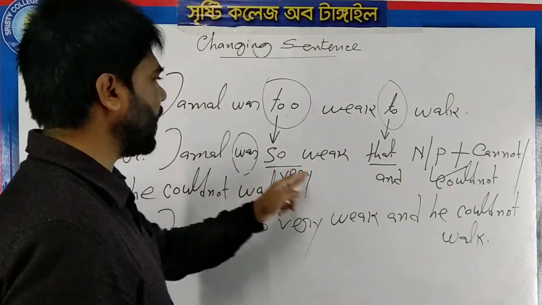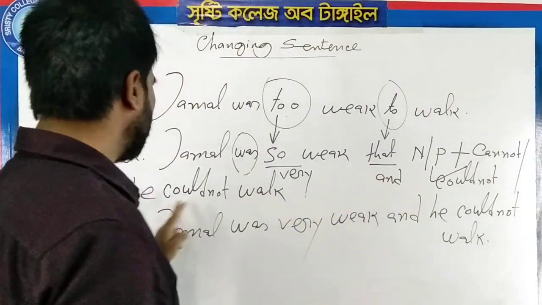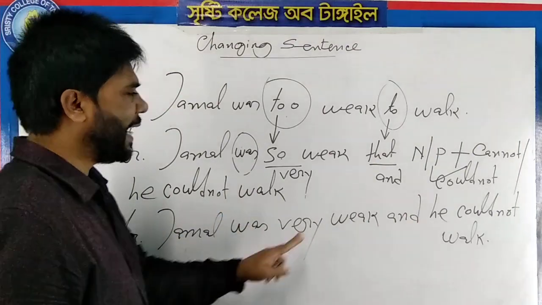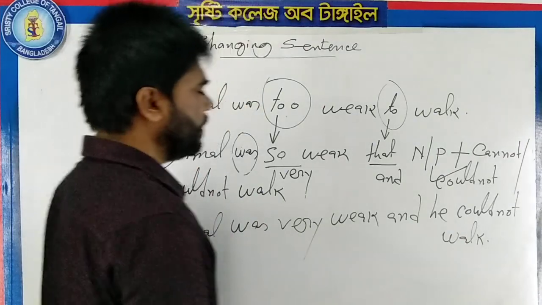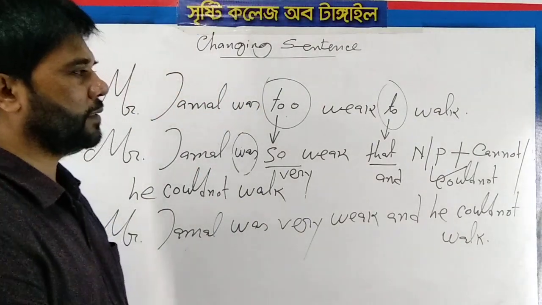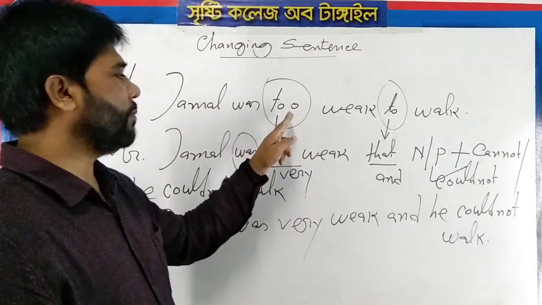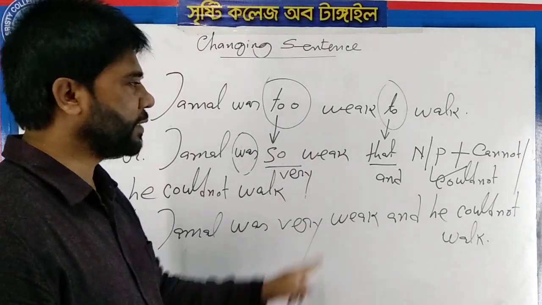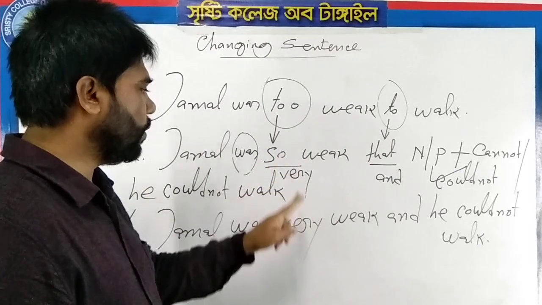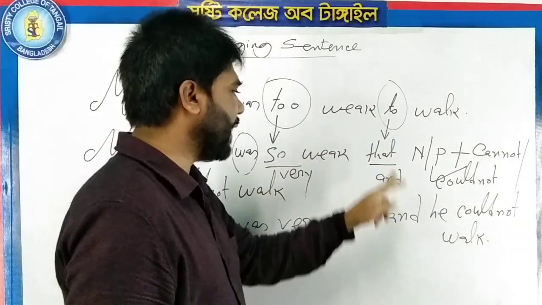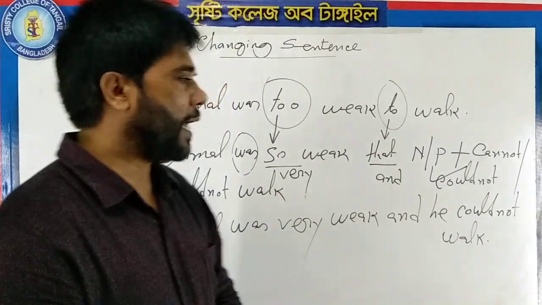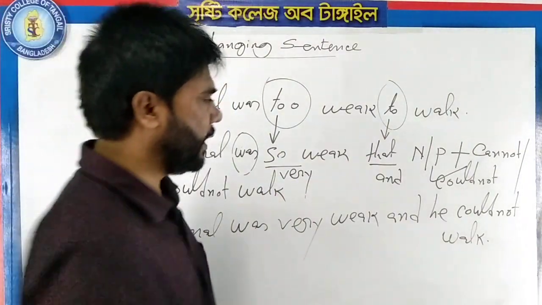Mr. Jamal was so weak that he could not walk is a complex sentence. And Mr. Jamal was very weak and he could not walk is a compound sentence. So you have to know the uses of too, so, very, to, that, and. If you follow these rules, your answer will be okay. Next.